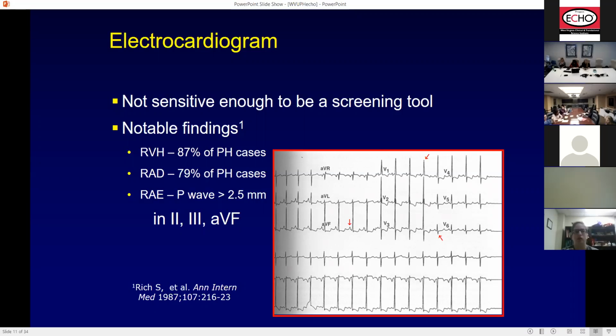So it's not sensitive enough to be a screening tool, but very common. You'll see this case where you'll get an EKG and think, oh my gosh, they're having chest pain and it must be a coronary event. Actually, it's not. Chest pain is very common in severe PH, and their EKG can be markedly abnormal. So EKG is very important in the workup as well. Next slide.